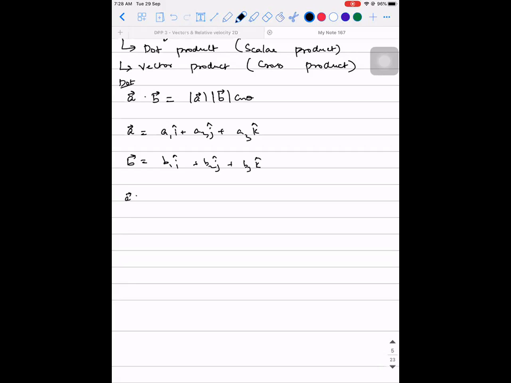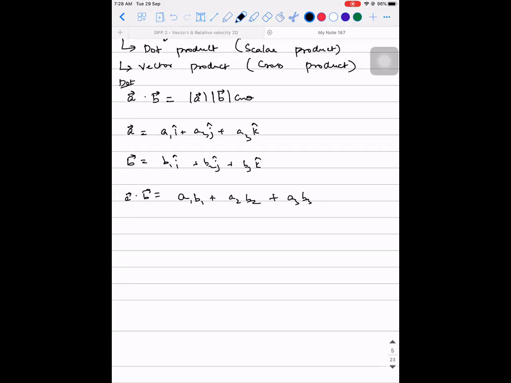Then what is A vector dot B vector? A1 B1 plus A2 B2 plus A3 B3. Very good.